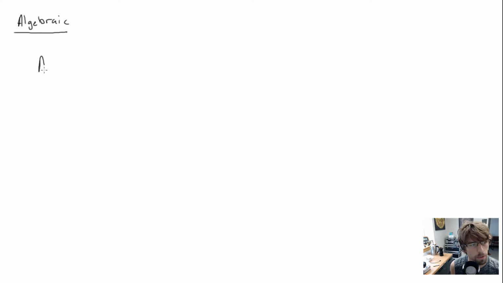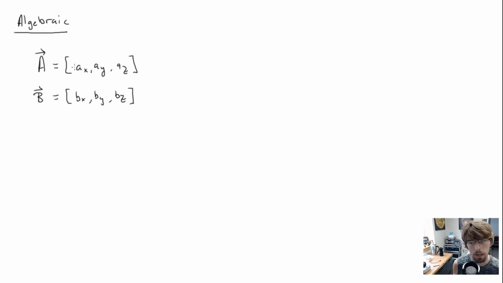But for the time being, we'll start off with vector A, which is AX, AY, AZ, and B, which is BX, BY, and BZ. And just like the dot product, I'm not going to go through the linear algebra or the mathematical steps that tell you how this comes about. If you're interested, come upstairs, we'll crack open the linear algebra textbook. It has to do with determinants and some other stuff.